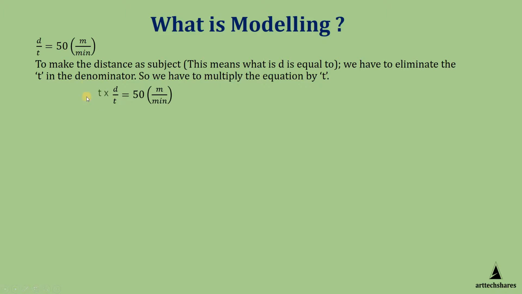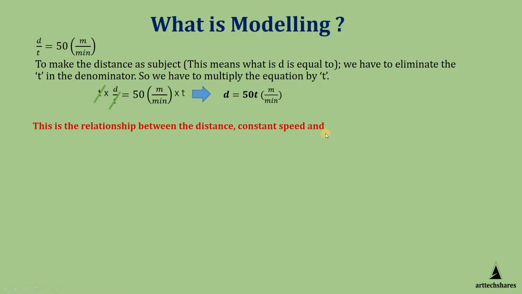Otherwise the equation wouldn't be balanced. Okay, I will show you an easy way later. Now we can cancel this T and this T, and we will get D is equal to 50 T meters per minute. This is the relationship between the distance, constant speed, and the time. On the other hand, we can say this is the mathematical model of your daily travel routine to school.